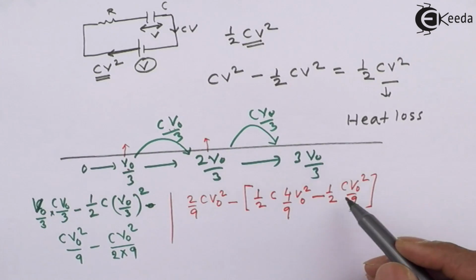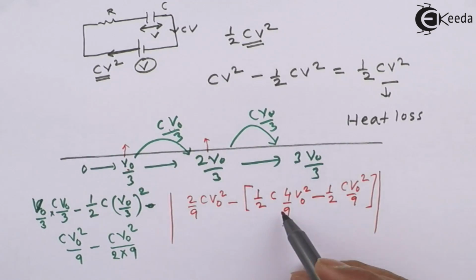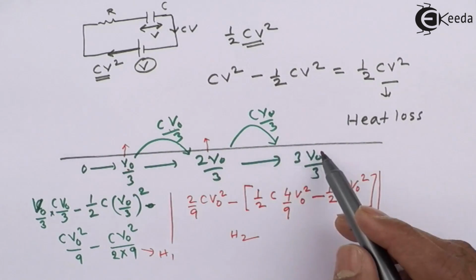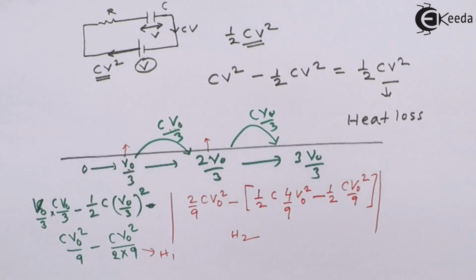So this is the situation. We will have to solve this. This is my H2, this is my H1. So this I have to solve, I'll get H1. This I have to solve, I'll get H2. Similarly, I have to solve this one to get H3, and you have to add them up.